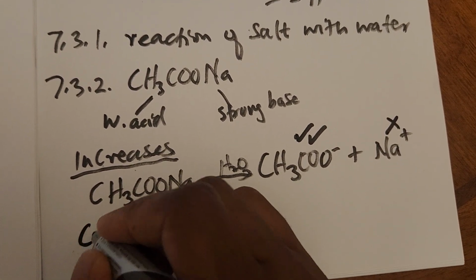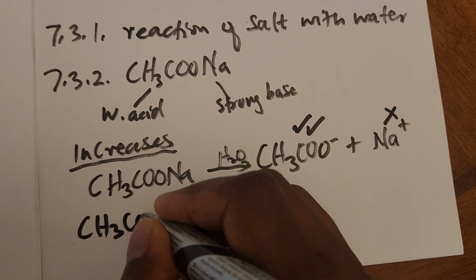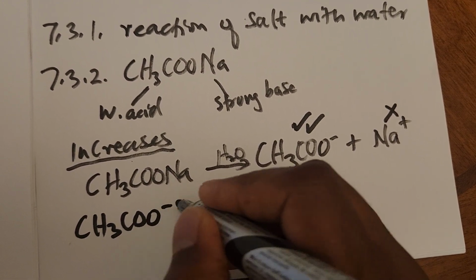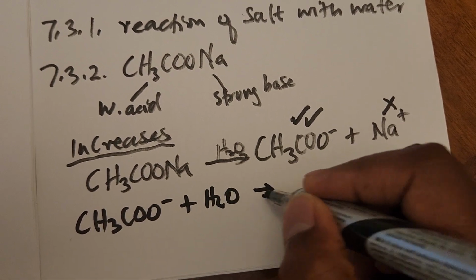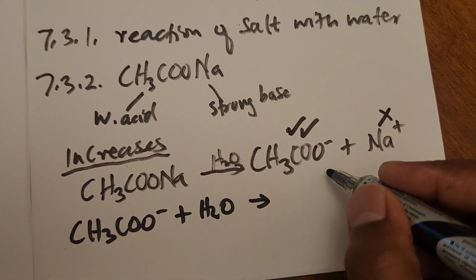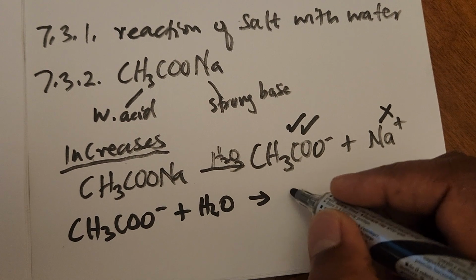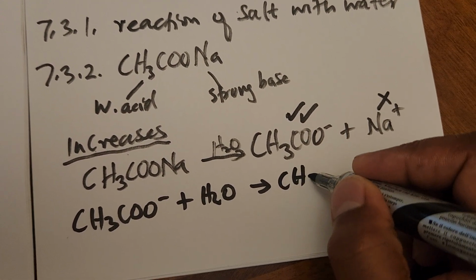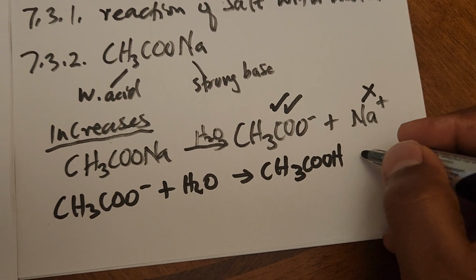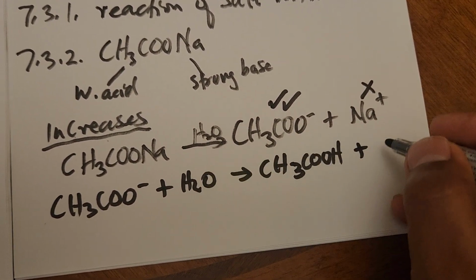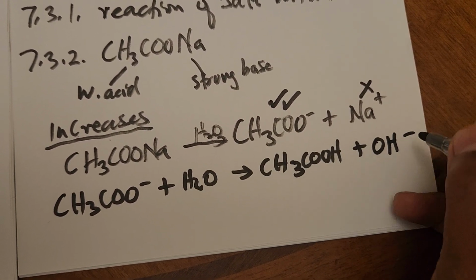Therefore, the acetate ion will undergo hydrolysis and react with water. Because this one is a conjugate base, it will accept the hydrogen to form the acid, ethanoic acid, and after losing hydrogen, water will remain with OH minus.